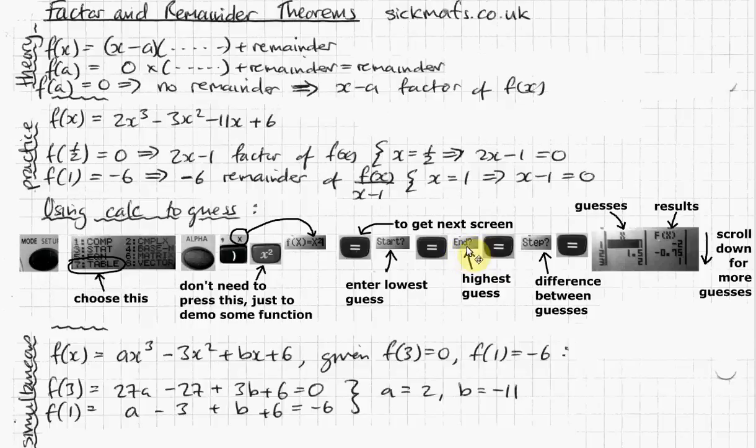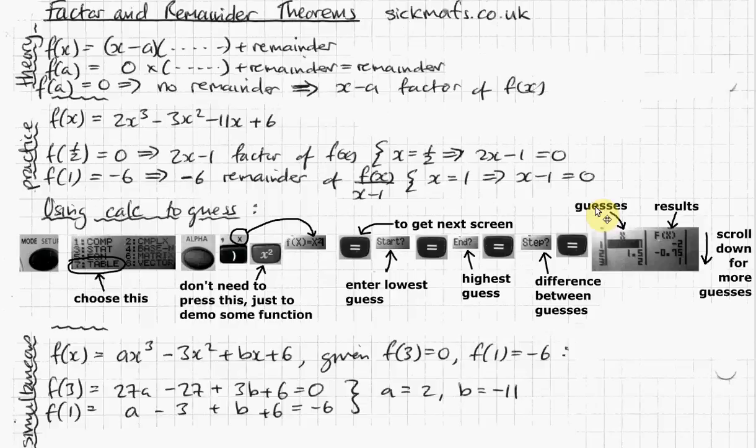Keep pressing equals to get to each next screen. Then let's guess every half unit. What's the difference between each of my guesses? Let's make it 0.5. Then I press equals, and it gives me the result.